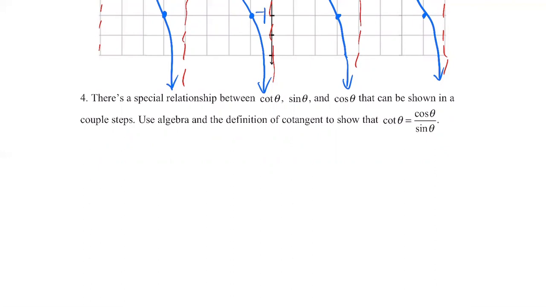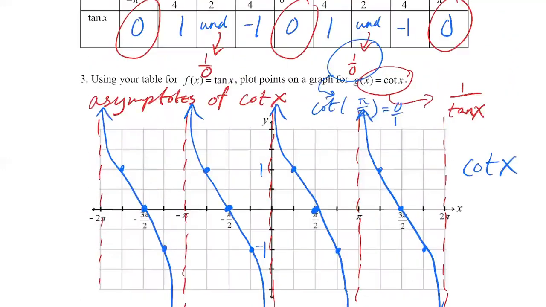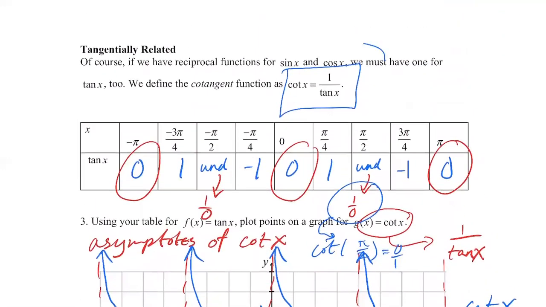Okay, well, let's start with our very raw definition of cotangent. So we know that the cotangent of theta is equal to, right back where we originally defined it, 1 over tangent of x.